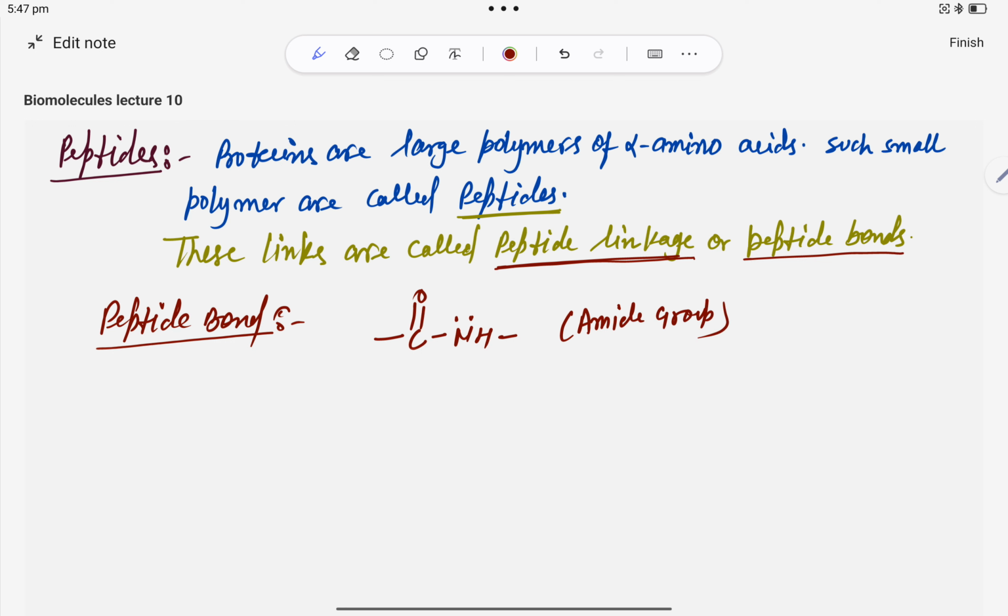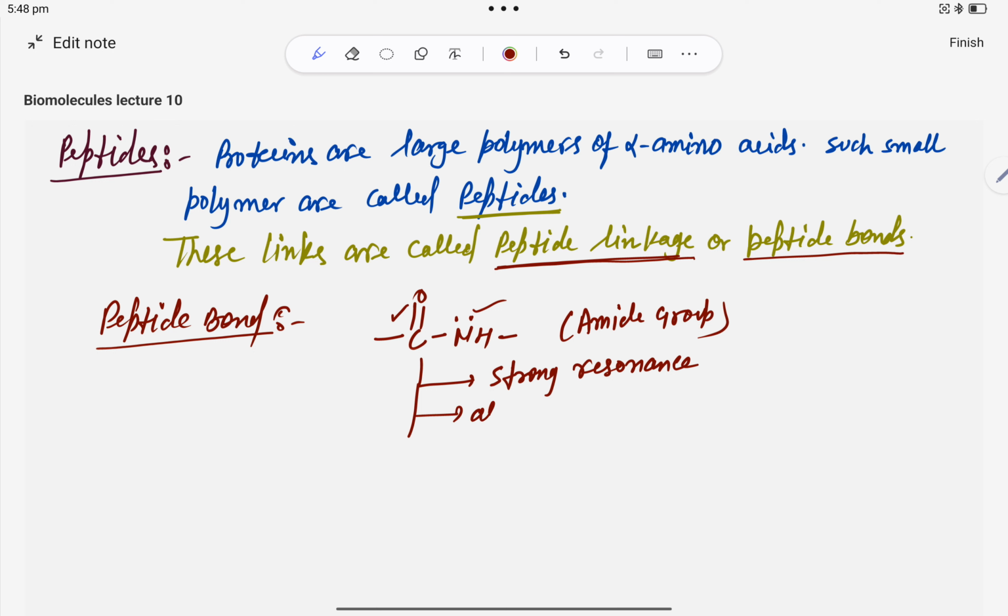In that case it is having strong resonance because of the double bond and lone pair presence. So here strong resonance is present.